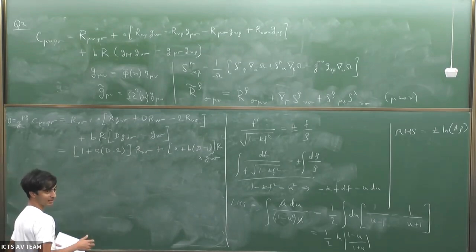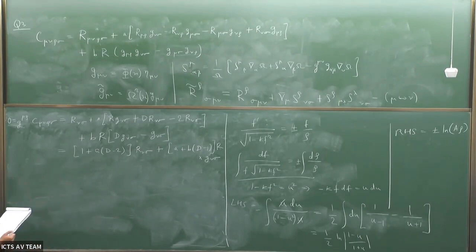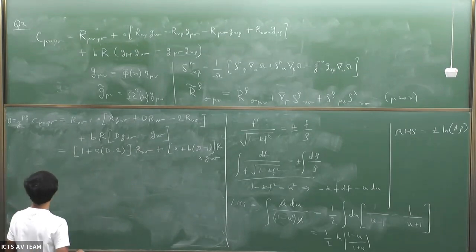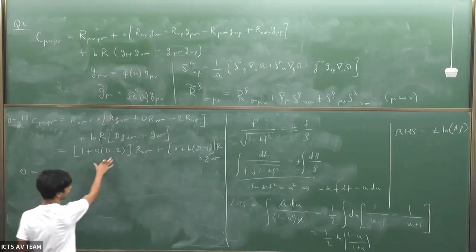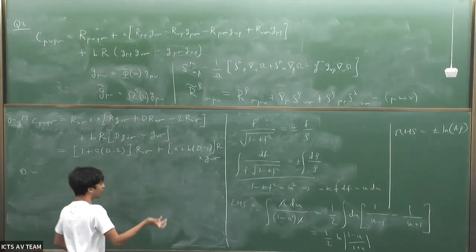Not any metric with R non-zero. If you contract it further, the nu sigma indices also, it's again zero. You can directly use this, but if you want, you can contract.